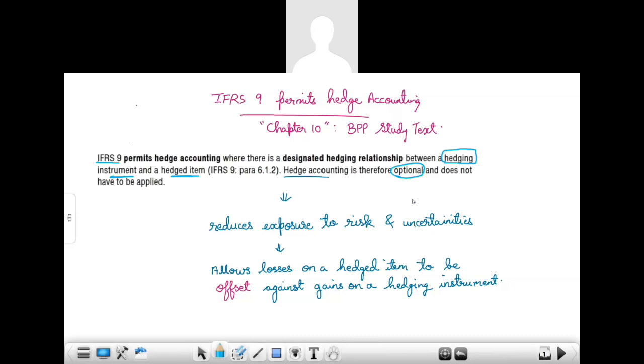This is like your life insurance policy. It is your choice whether you want to take risk cover, yes or no. Similarly, here also, it is up to the entity whether they want to opt for hedge accounting or not, whether they want to enter into a hedge contract or not. It is not compulsory. Give me a quick thumbs up. Not compulsory.